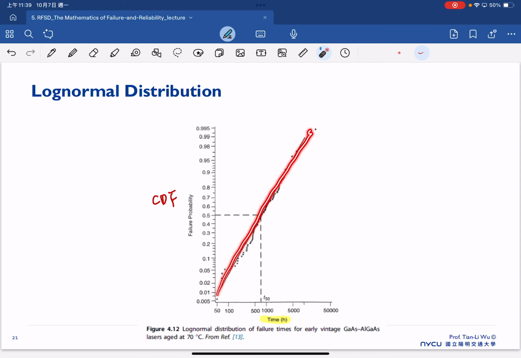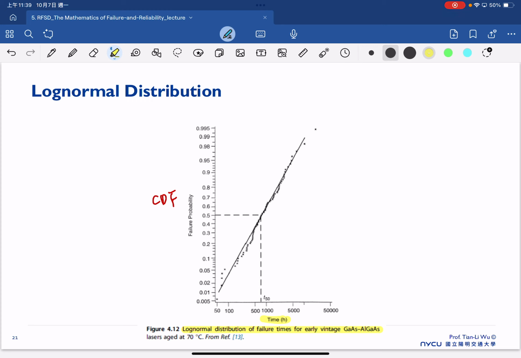So we can see in this case, we can use a log normal distribution to model the failure data very well. This is a log normal distribution of failure time for the gallium arsenide laser tested at 70 Celsius degrees.